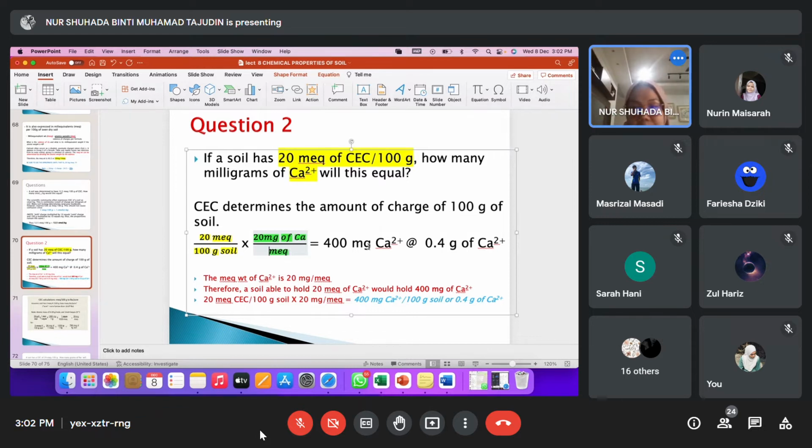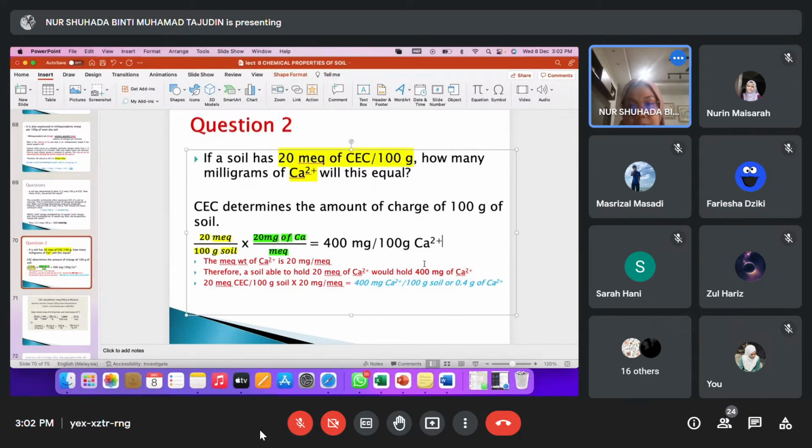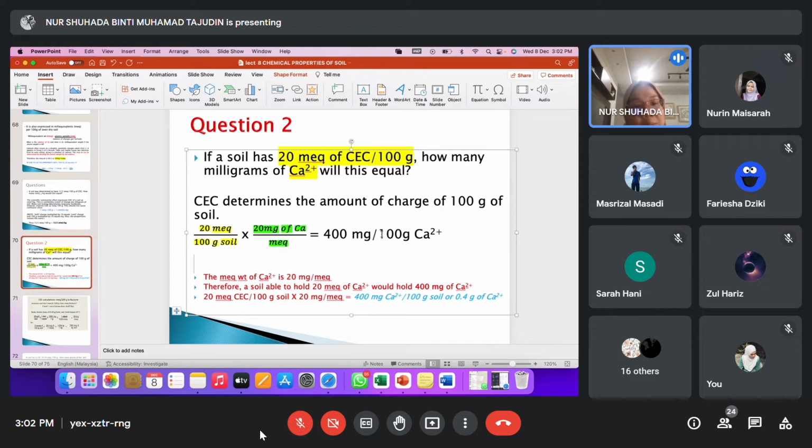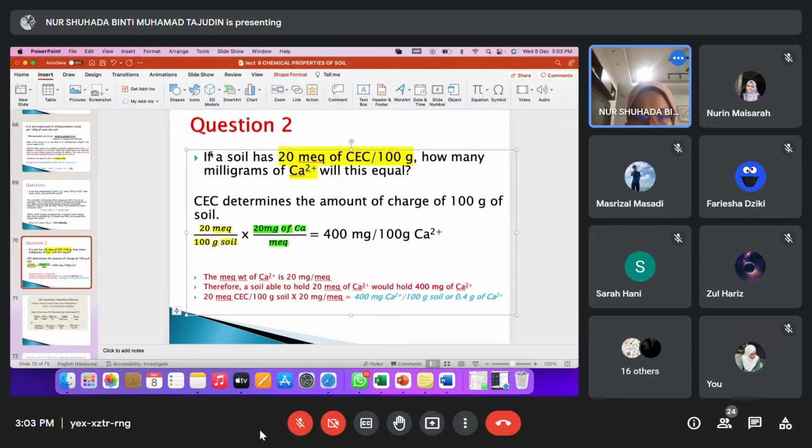Okay, so ni jangan tengok lagi. Okay, unit dia macam ni. So you tak boleh potong 100 bawah tu. Okay, sekejap, mana insert shape. Okay, so unit dia potong macam ni.